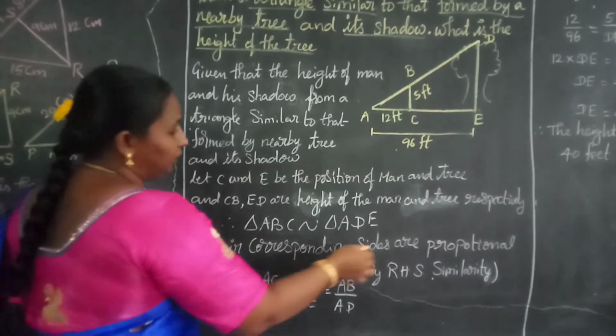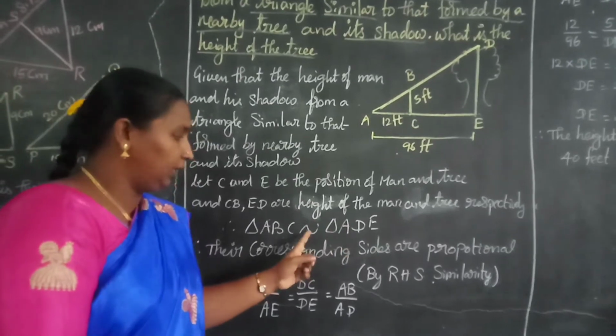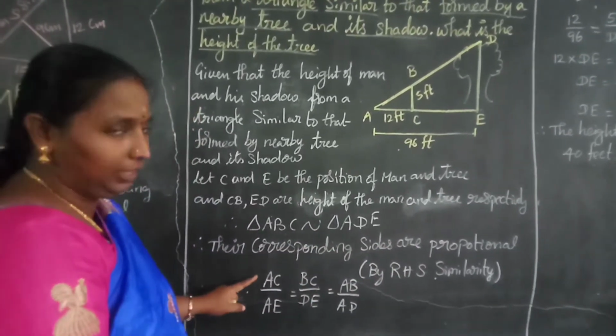If two triangles are similar, then the corresponding sides are proportional. So we are taking the corresponding sides.